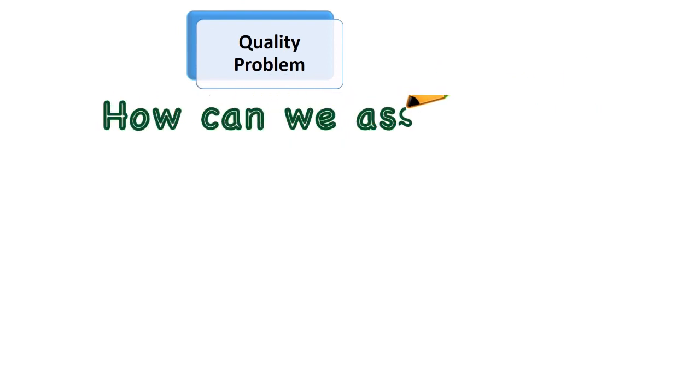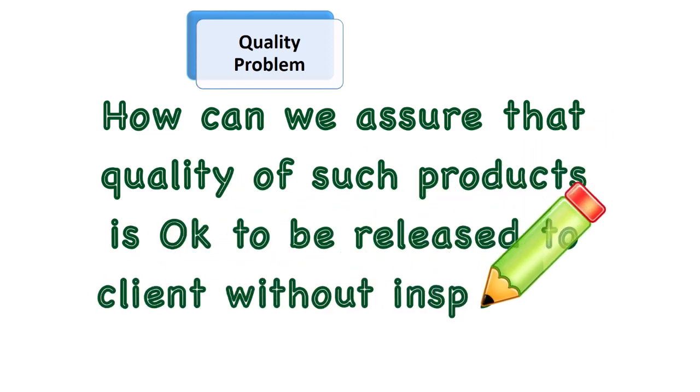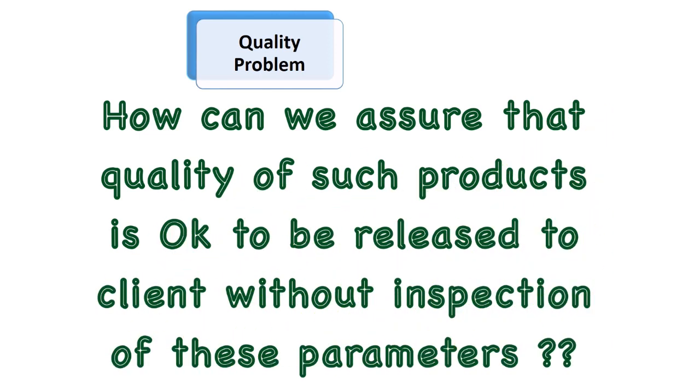Then, how can we assure that the quality of such products is okay to be released to the client without inspection of these parameters? Well, this is based on process control.